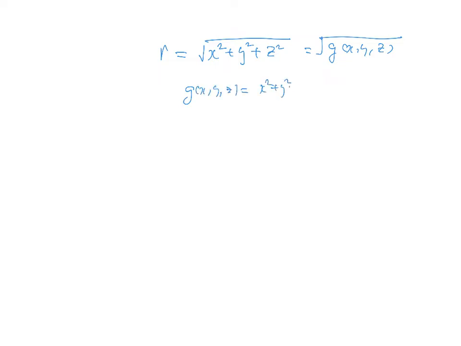So let's do some practice. We have defined r as the square root of x squared plus y squared plus z squared, as g(x,y,z). So g is x squared plus y squared plus z squared. So partial r partial x would be dr/dg times partial g partial x.